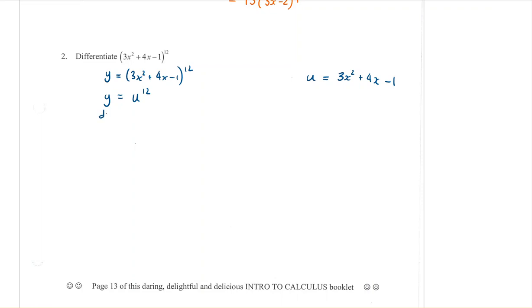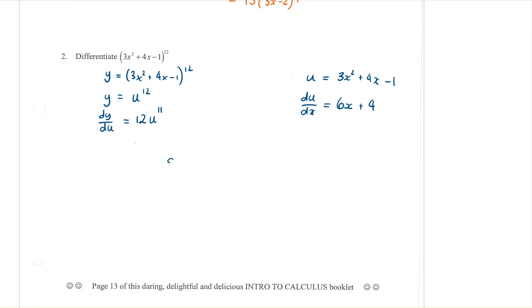So dy over du equals, bring the 12 down the front, u, subtract 1 from the power is 11. Now to differentiate my u equation, it's du over dx equals, the 2 comes down the front, times this with the 3 to give us 6x, subtract 1 from the power would just be 1, and plus 4.